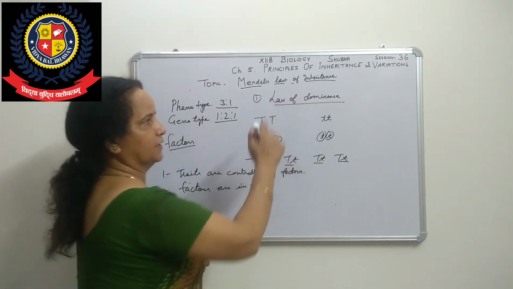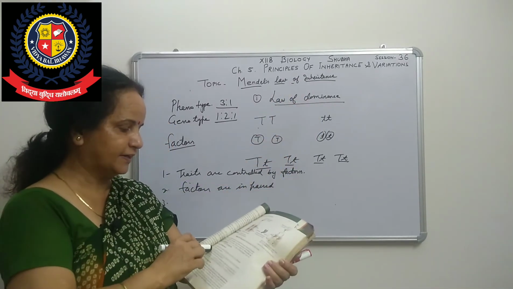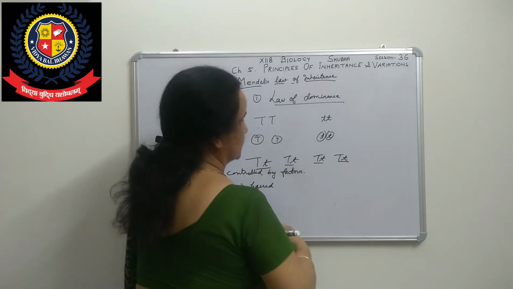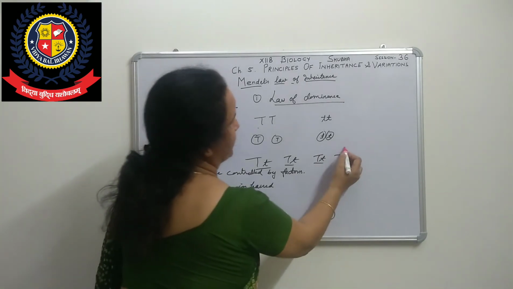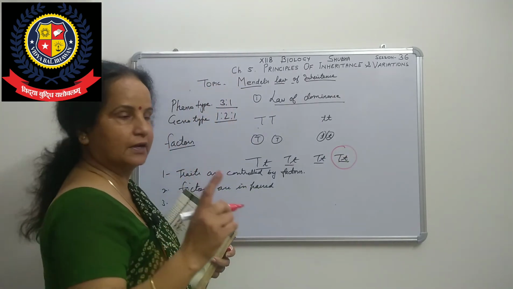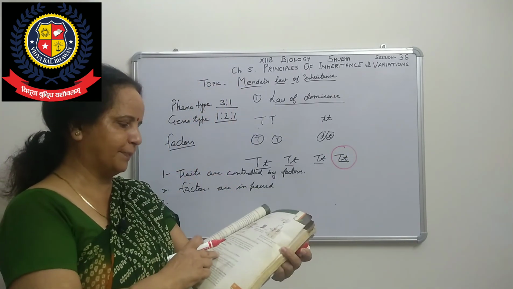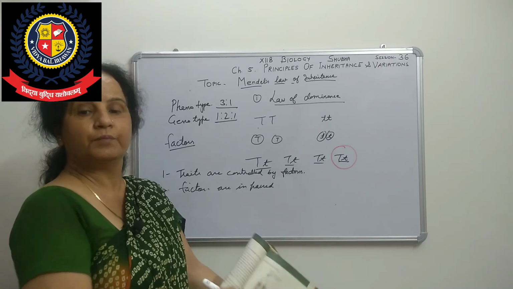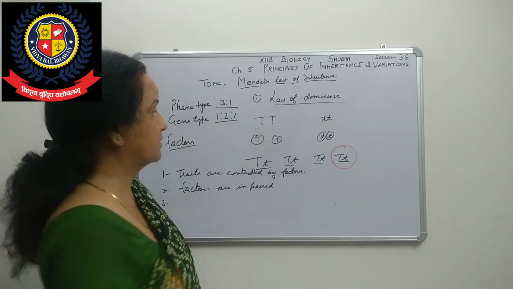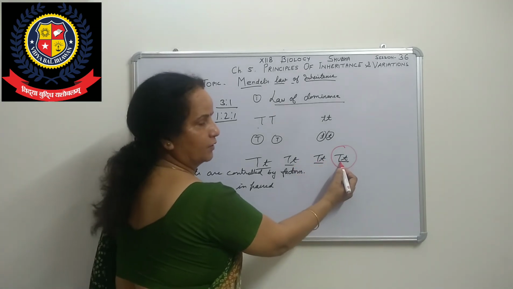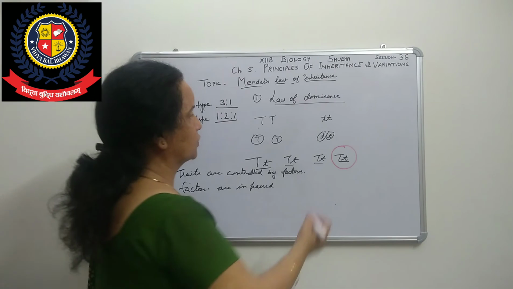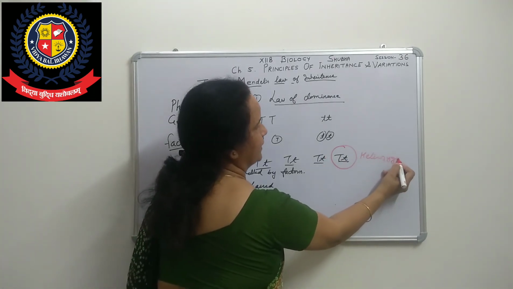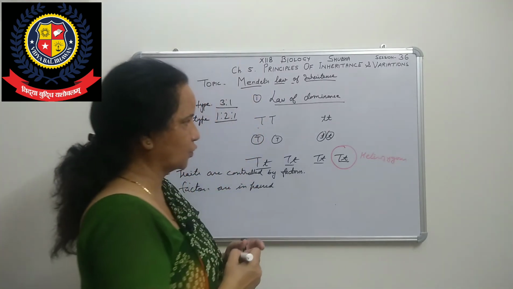The third point is about a dissimilar pair of factors. Dissimilar means heterozygous. In a dissimilar pair of factors, one member of the pair dominates the other, meaning one is recessive and one is dominant.